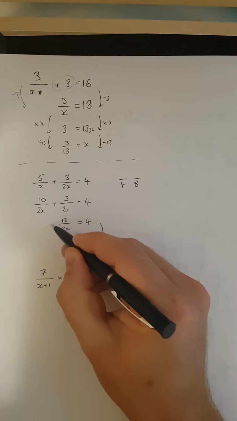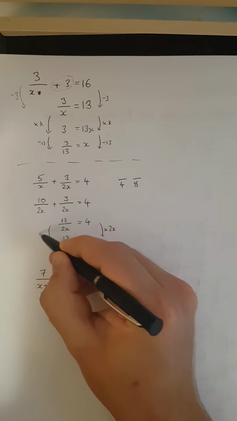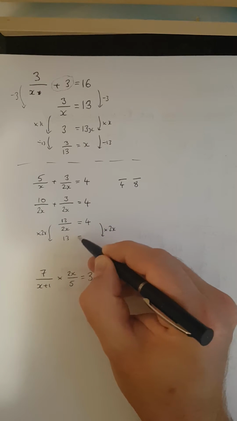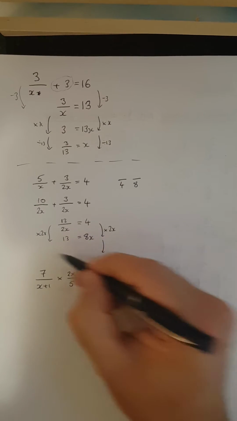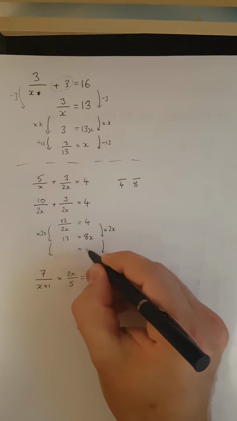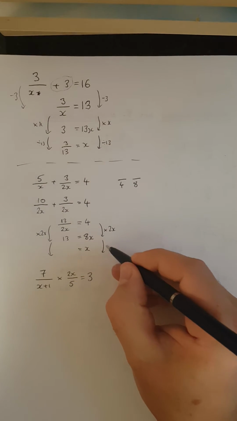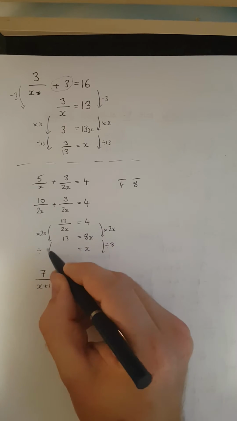We've then got to get rid of the fraction, multiplying by 2x. Then we've got to get x by itself, which is dividing by 8.